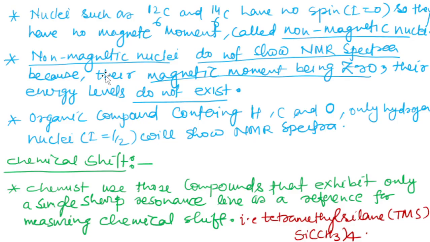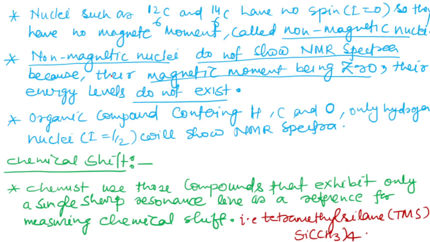Now let's discuss some points. Nuclei with even atomic mass and even atomic number, like carbon-12 and carbon-14, have no spin. The I value is 0, so they have no magnetic moment; they are called non-magnetic nuclei.